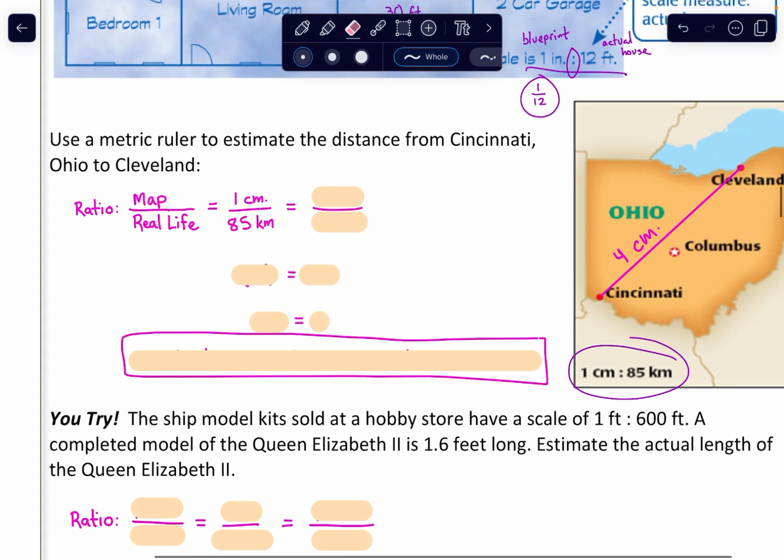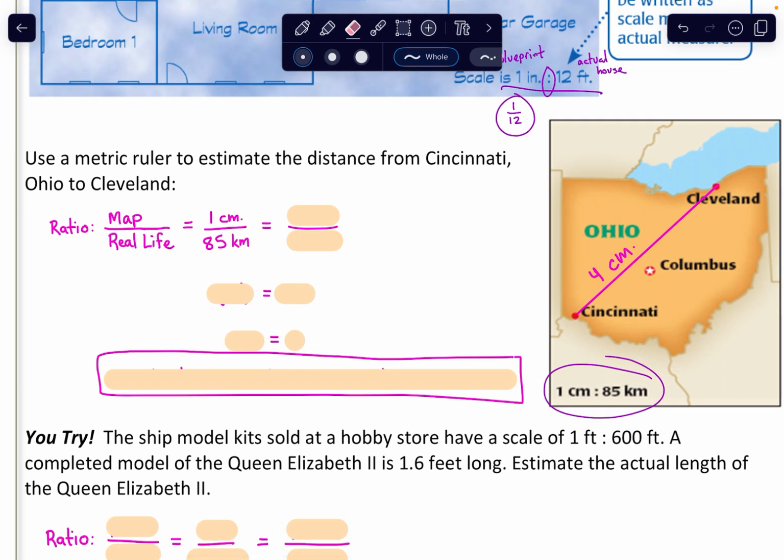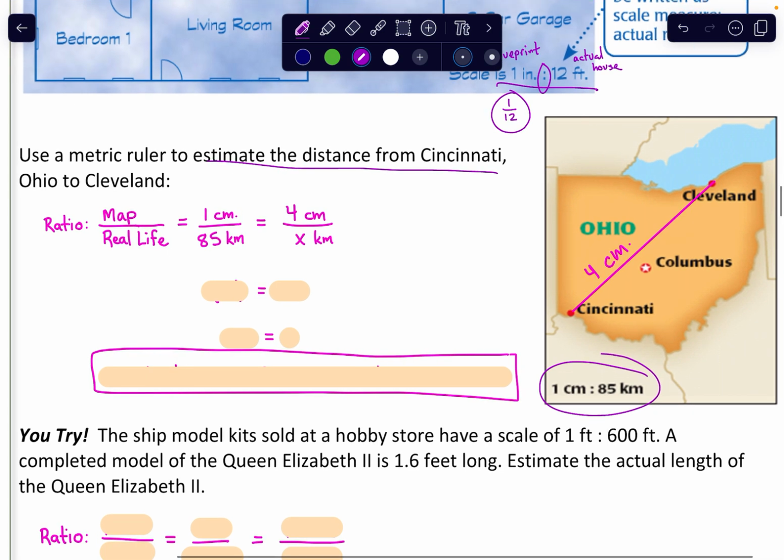And if the map tells me that Cincinnati to Cleveland is 4 centimeters, then that 4 centimeters is going to go on top. And if it's asking me to estimate the actual distance between these two cities in real life, then we must be solving for the real life number in the second fraction. Remember, you're always going to have a variable somewhere. So you're going to have 3 numbers and a variable.